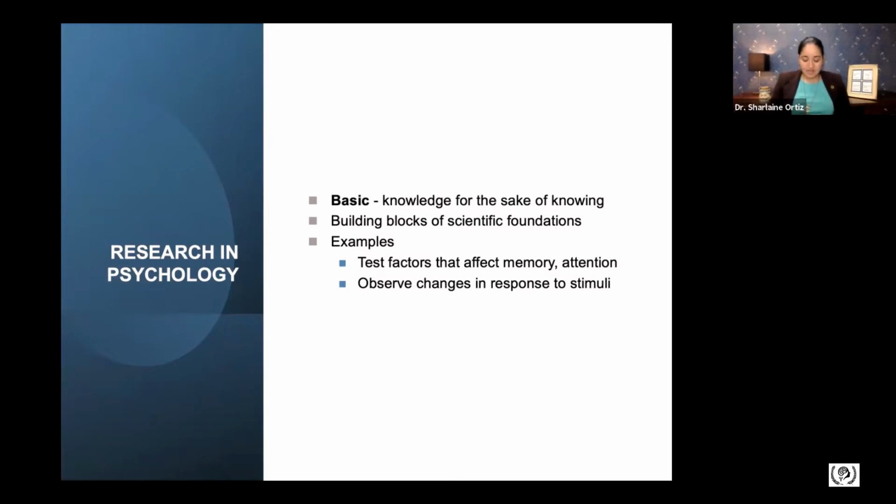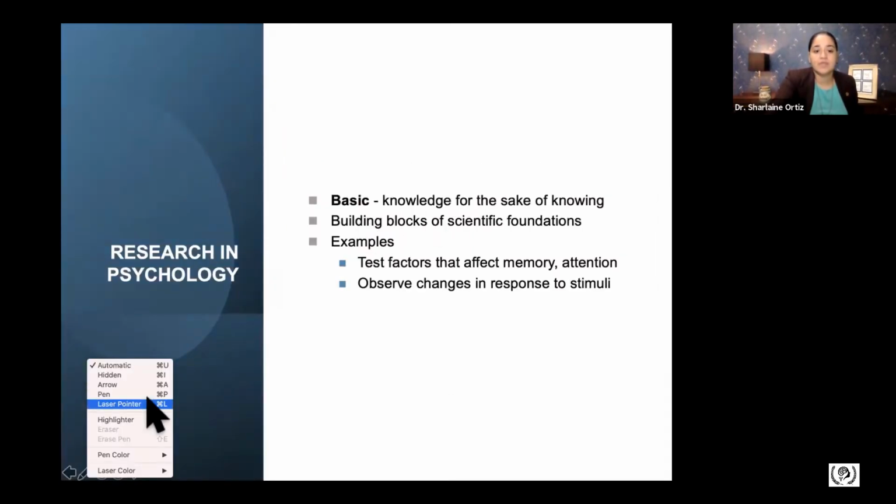Now, something very interesting is that generally we can consider research in two ways. For example, the first way that we conduct research, whether it be in psychology or in another field, is basic research. So what do I mean by basic research?